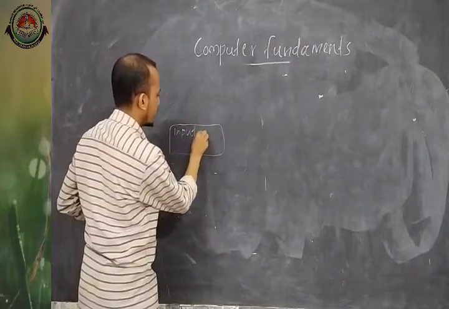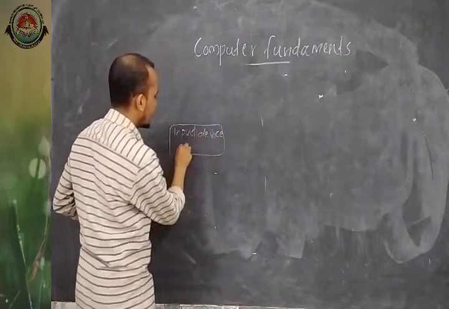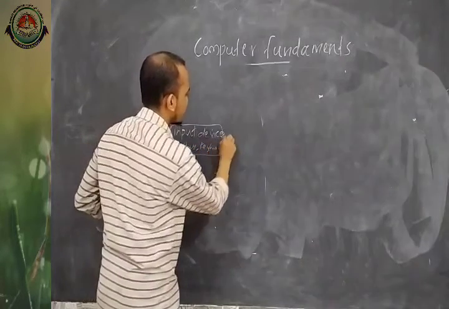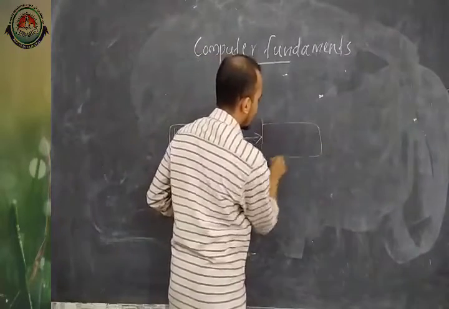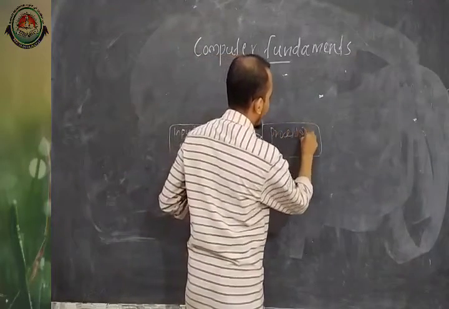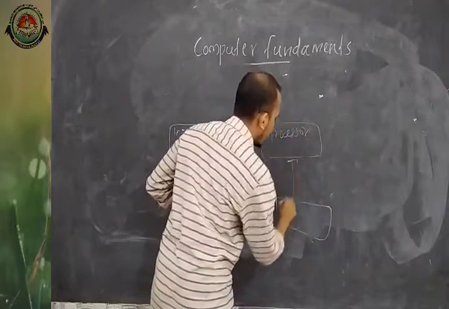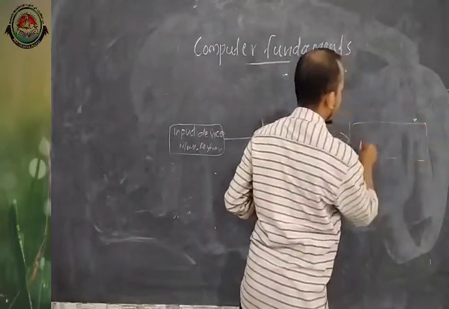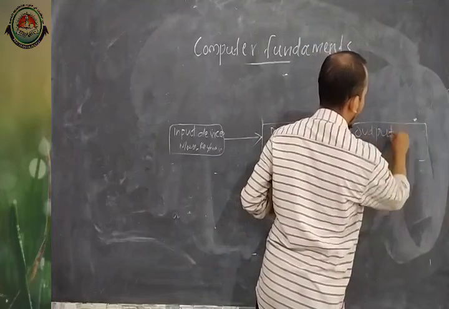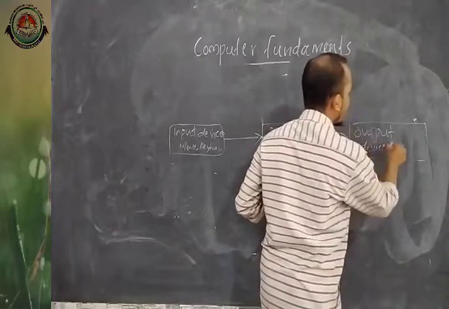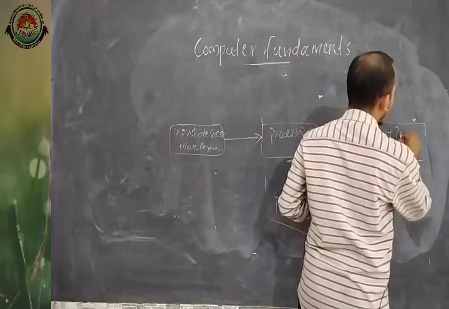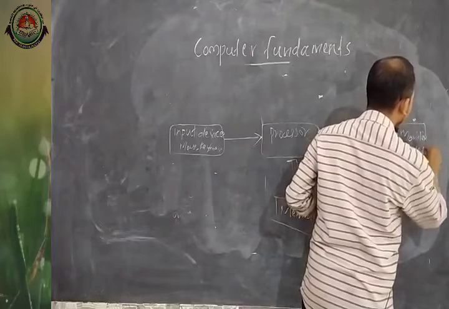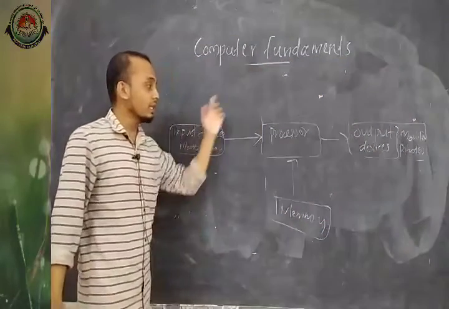Okay, then input devices like mouse, keyboard, etc. Then processor, then memory, output devices like monitor, printer, etc. Okay, these are the three stages.